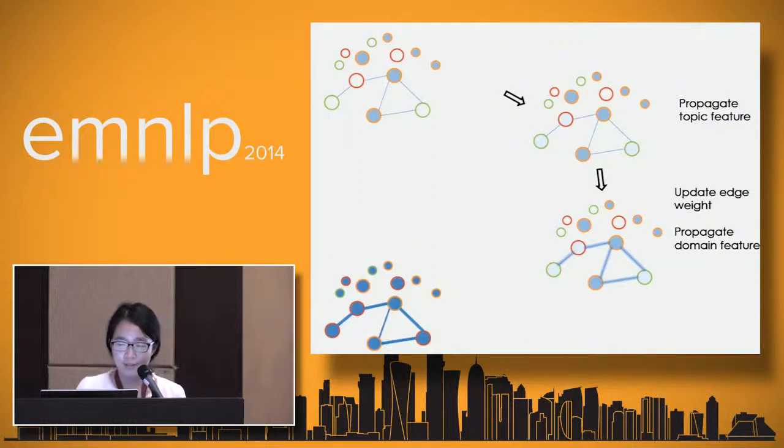Now the weight of the edge is updated. So now we can propagate the domain feature, but we cannot carry on this process forever because the number of nodes is very large, and there are more and more similar nodes.